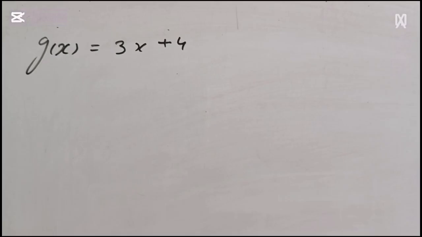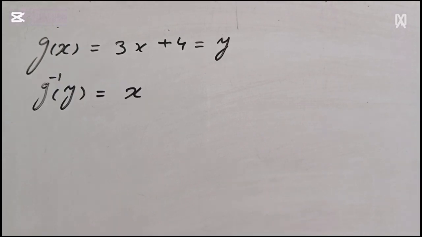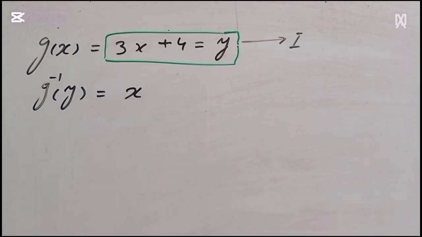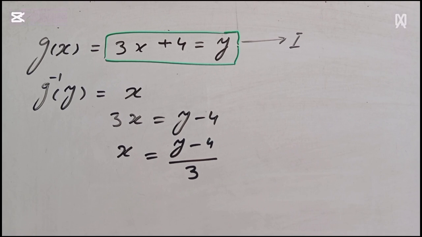It is the given function. Let's suppose this g(x) is equal to y and g inverse of y equals x. Now we express x in terms of y. In this equation number 1, making x the subject of the formula, x equals (y minus 4) by 3.